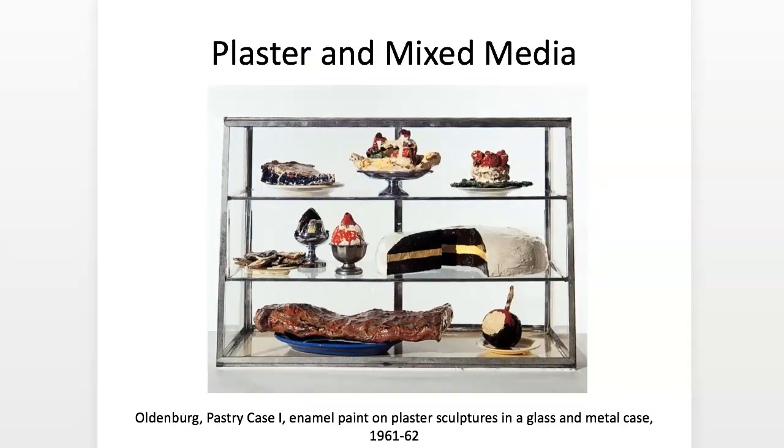This is an Oldenburg sculpture that's interesting, made out of plaster covering chicken wire. You soaked the plaster onto canvas, I should say, or burlap, and then created them, and then they have enamel paint over the top of them. It's depicting everyday objects.